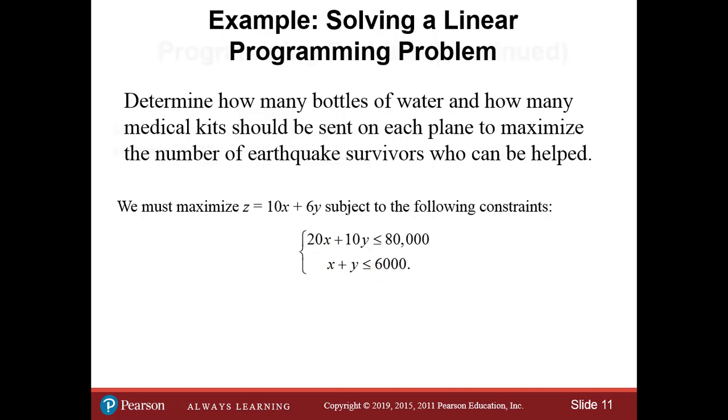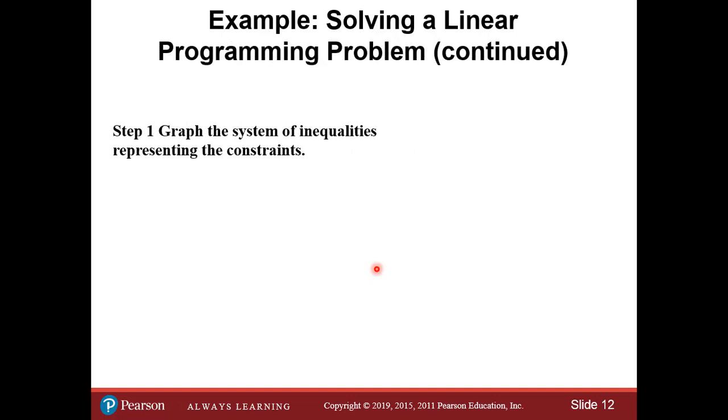So again, let's follow the steps. Okay, we're going to graph the constraints, the inequalities. Okay, so we're going to graph this inequality, and we're going to change it to an equal sign. So we're going to make it into an equation, just like we did before in the previous section. And we're going to then find the x-intercept, which is 4,000.